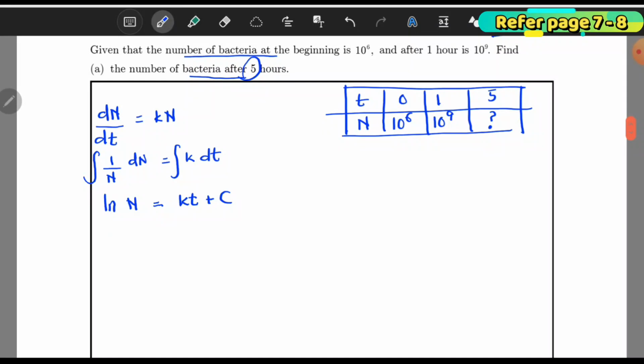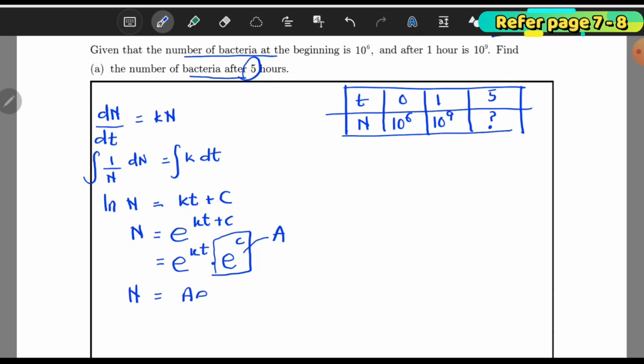By taking exponent for both sides, we will get n equals e^(kt plus c), or equals e^kt times e^c. Then we let e^c as another letter, so let's say we use A. Therefore, we will get n equals A e^kt. So this is the general solution.